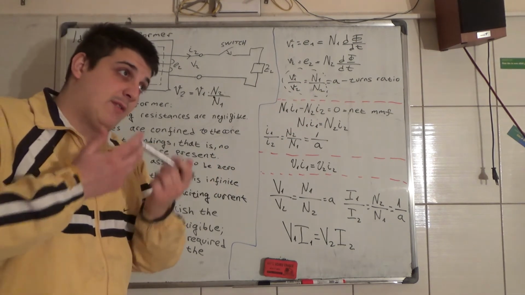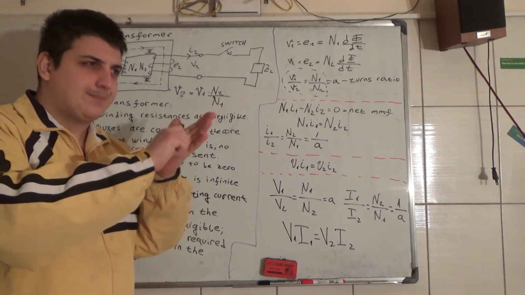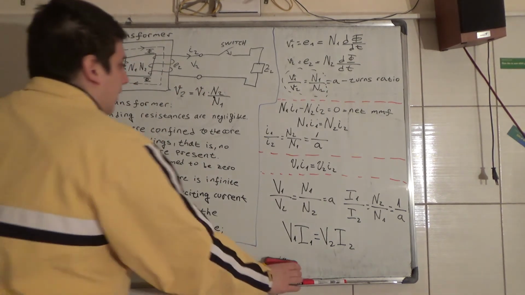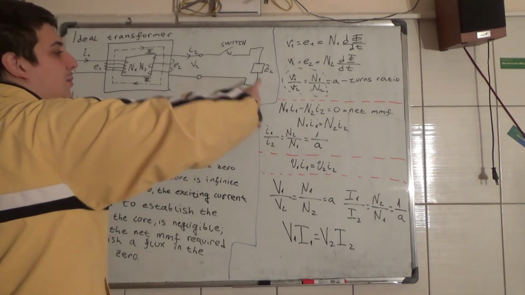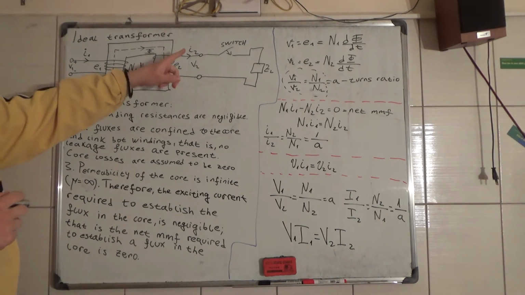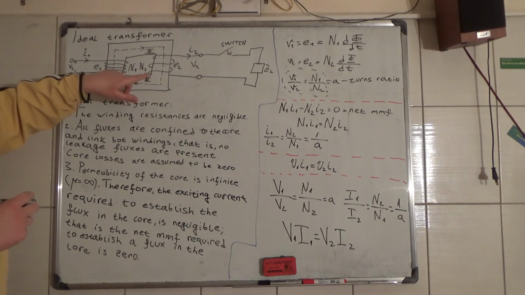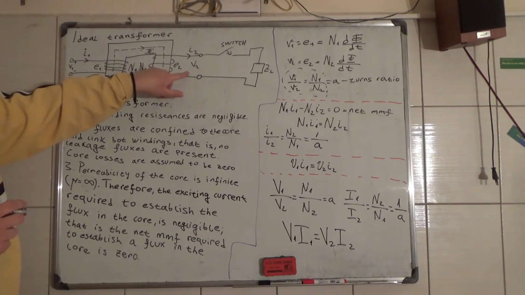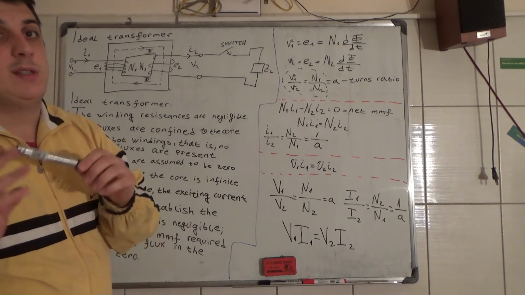All transformer manufacturers provide this on the small tables on the transformer. Now, I hope you know that if you have more turns on the secondary, the voltage is higher. If you have a smaller number of turns on the secondary than on the primary, the voltage is smaller, looking at this equation. Okay, so that is for the voltages.